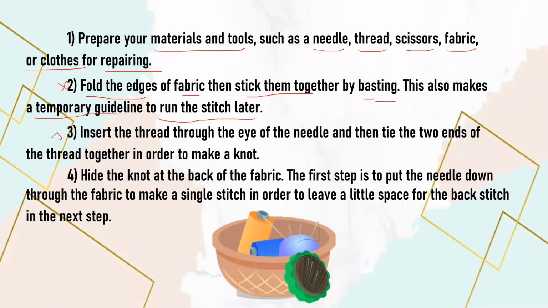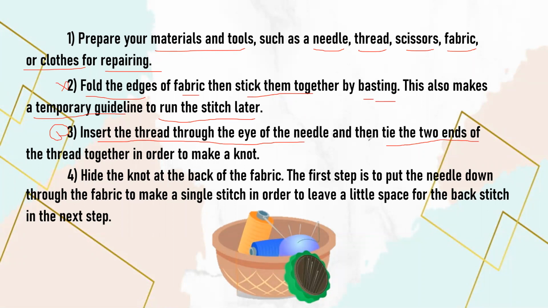Okay, now number 3, third step, insert the thread through the eye of the needle. Same as we do in the first one, here we also have to do. We're going to take the thread and insert it into the eye, the small hole of the needle.